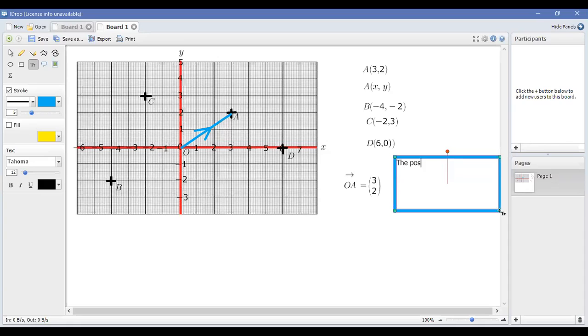The position vector of point A (3, 2) is OA, that is, which is supposed to have a little arrow right here.